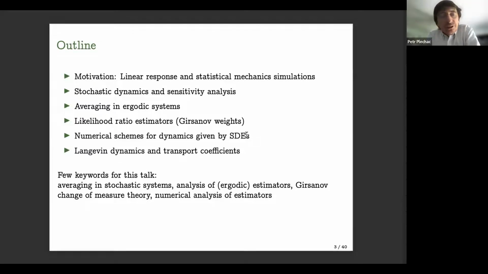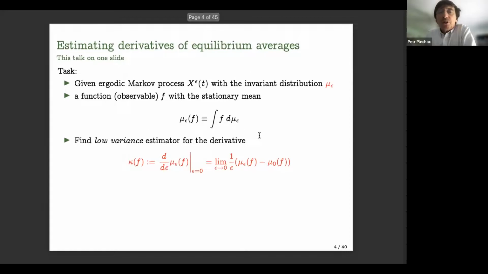And that stationary distribution may not be actually known in any explicit way. So in practice, it can be accessed only through a long-time simulation of the underlying dynamics. So you can view it as a sort of infinite time horizon problem.